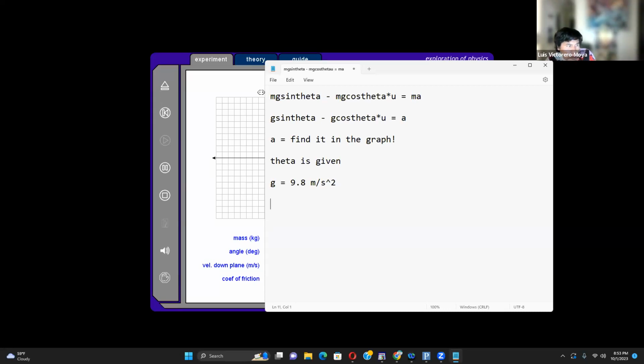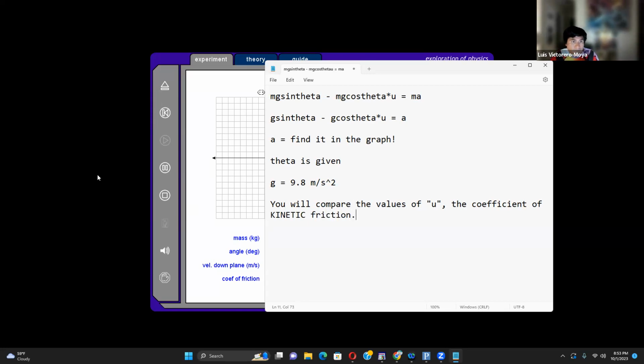Actually, for another math, you have to repeat the experiment only twice. Once you do that, you will compare the values of mu, the coefficient of kinetic friction.